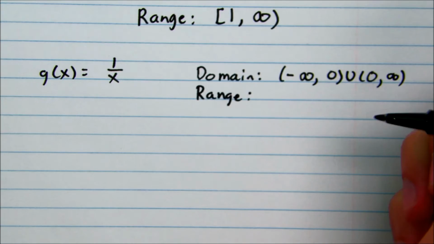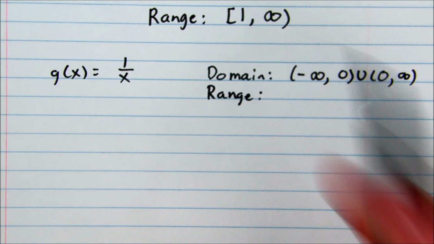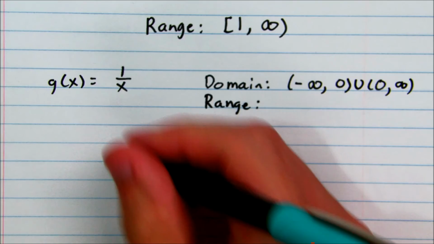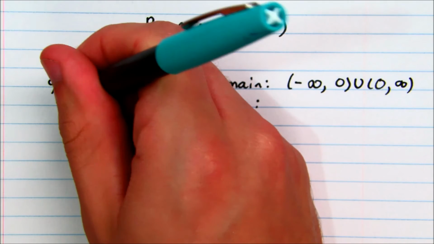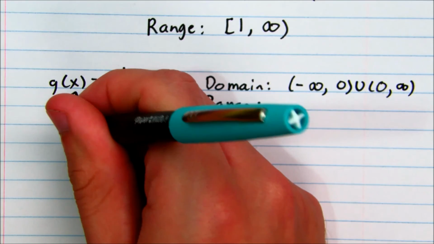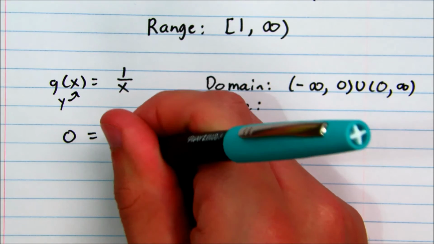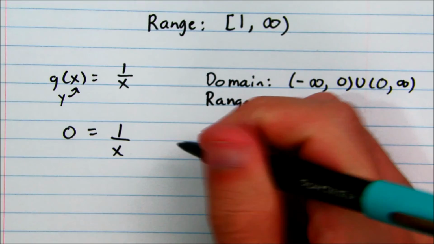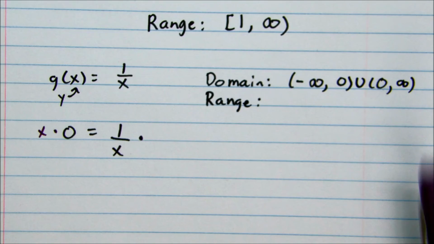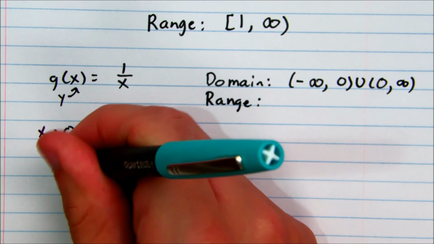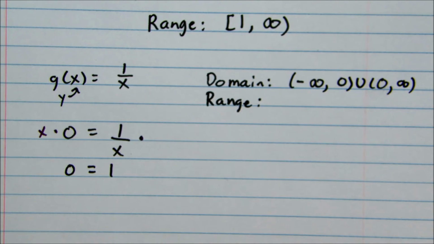So here's how we do it. Since range represents the y values, I'm going to replace g of x, which also represents y, with 0. And I'm going to try and solve it. Well, to solve this, I'm going to multiply both sides by x. So I get 0 equals 1. Well, that's never going to happen.